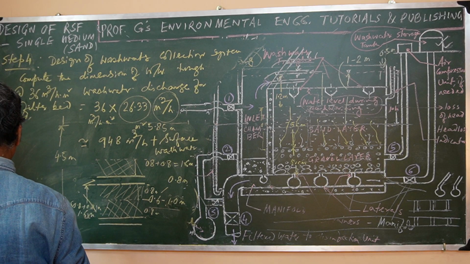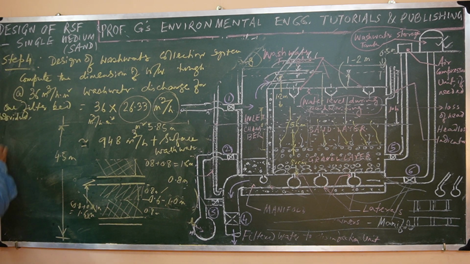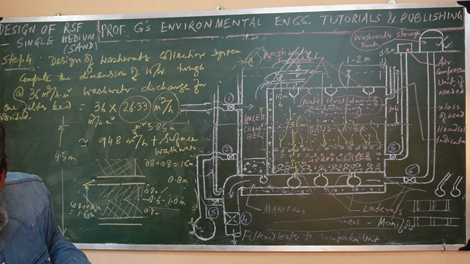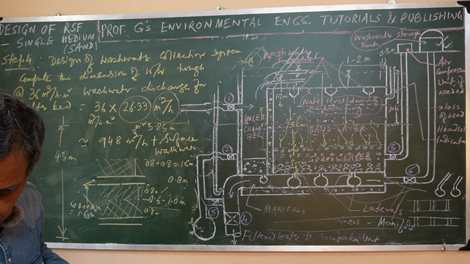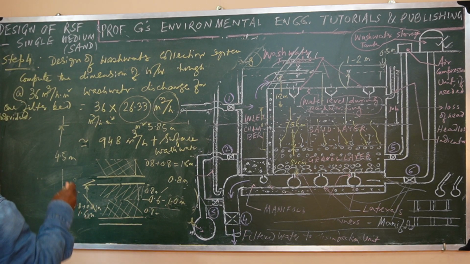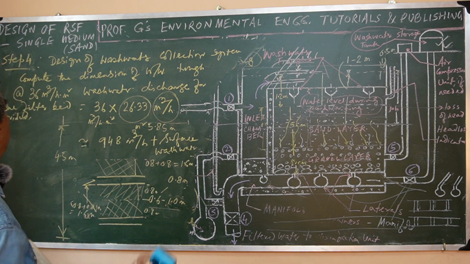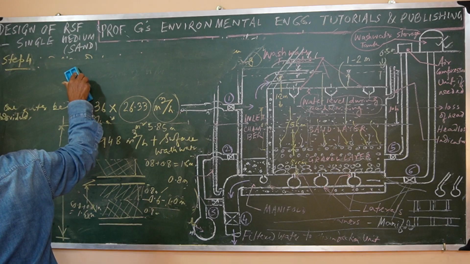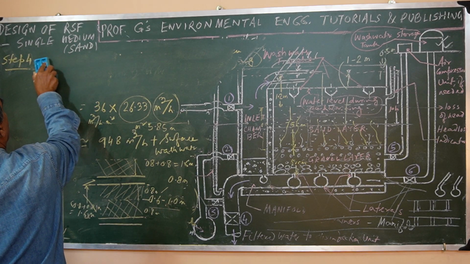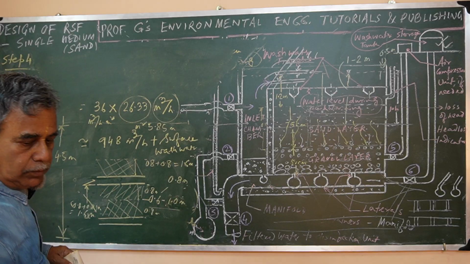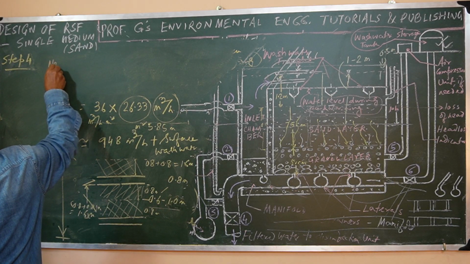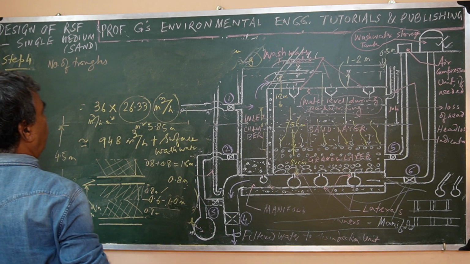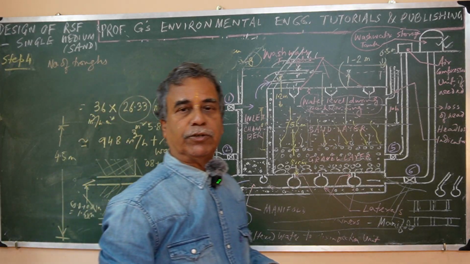So the number of troughs could be calculated from this, right? I'm just erasing this one, because it is already captured. You can find out the number of troughs for wash water collection also.